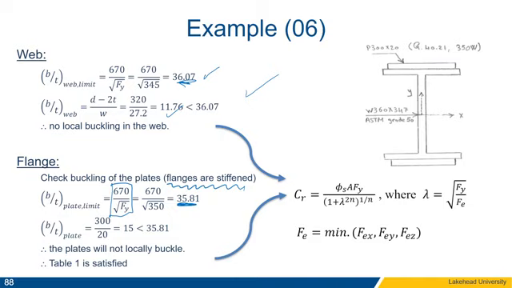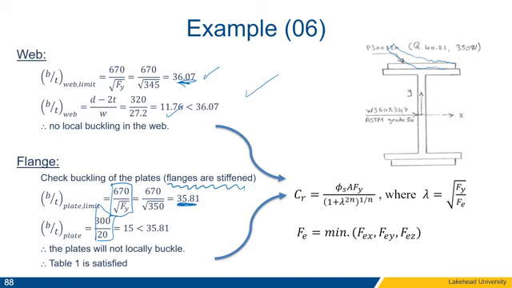We also check the slenderness of the plate, which is 300 divided by 20, because the plate can buckle with its full length. If this plate is to buckle, it will just look like that. That's why we divide the entire b by t, and this will give us 15. It is lower than the limit for the plate.